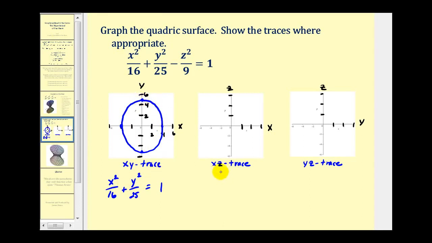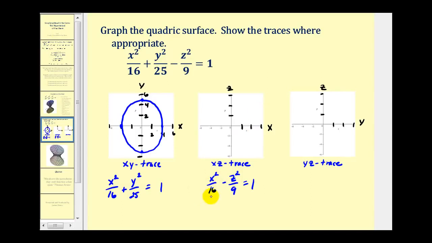Now let's take a look at the xz trace. So we'll set y equal to 0. That'll give us x squared over 16 minus z squared over 9 equals 1. Well, we know from our study of conic sections this is a hyperbola. So what we're going to do is construct the rectangle, sketch the asymptotes, and then sketch the hyperbola.